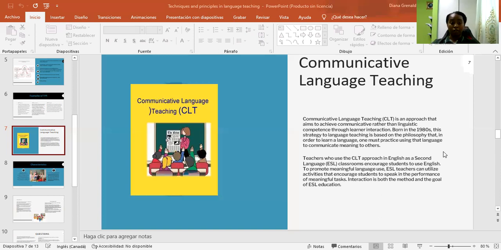This method focuses on utilizing real world situations that allow students to practice the use of the language. Some of these methods could be, for example, a dialogue between them about, let's say, the pandemic, how it has affected many people.